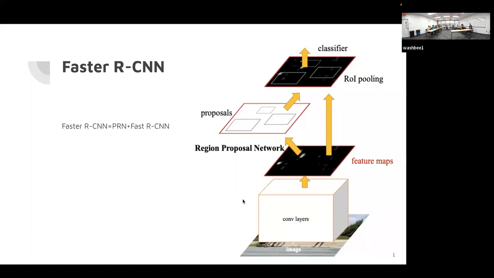By sharing the weights, not only do they get joint optimization, they actually get better results as well. They didn't do it before this paper, I guess, or there were few papers doing it. The paper is pretty much all about the region proposal network, which is the part of the whole system that detects where the objects are.